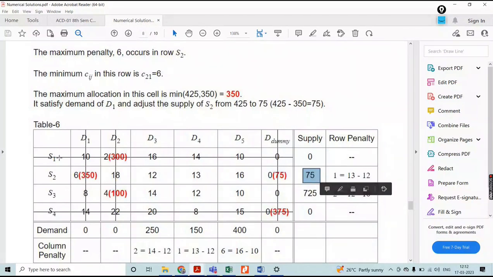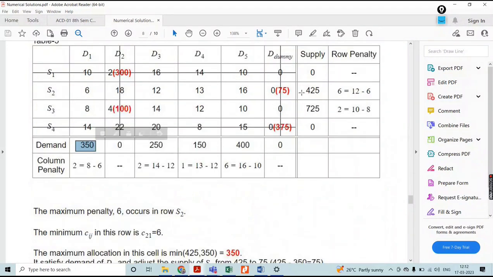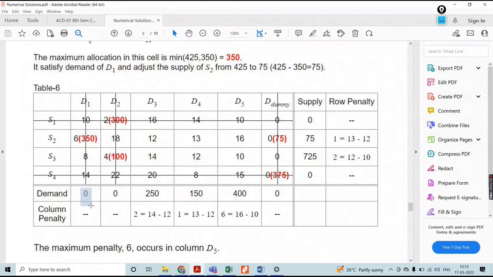Now it becomes 0 because that 350 is met by this requirement. 350 minus 350 is 0. So this complete column will be deleted, because nothing remains to be transported as per our requirement.